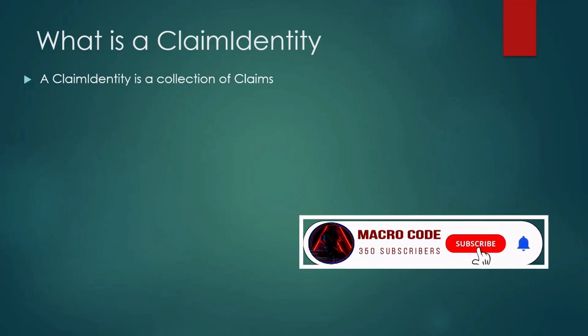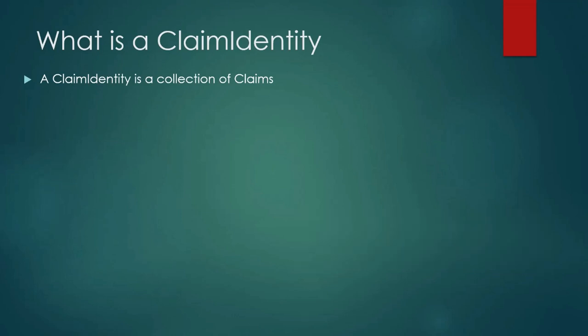I need you to understand that a claims identity is a collection of claims. And as we have just said, a claim is a piece of information about the user. So you can think of a claims identity as a collection of information about the user.